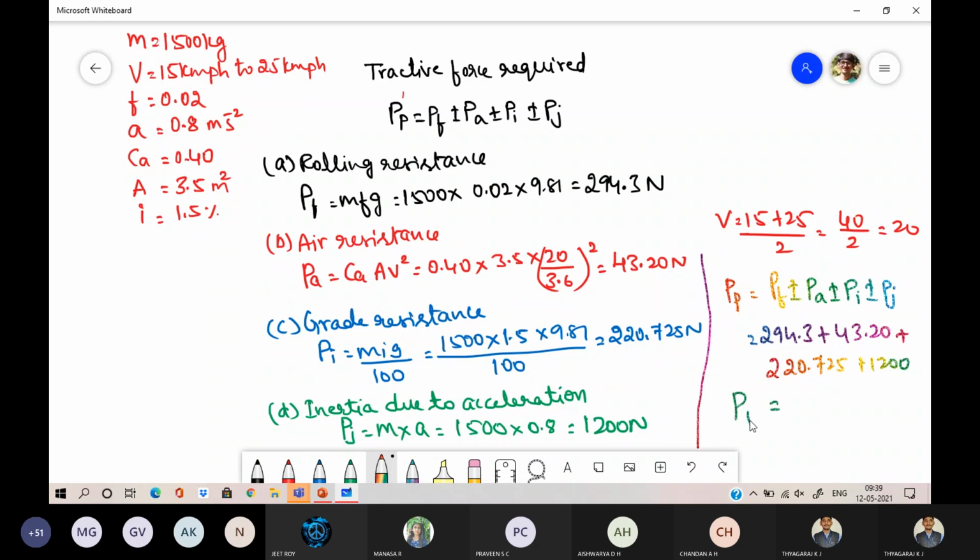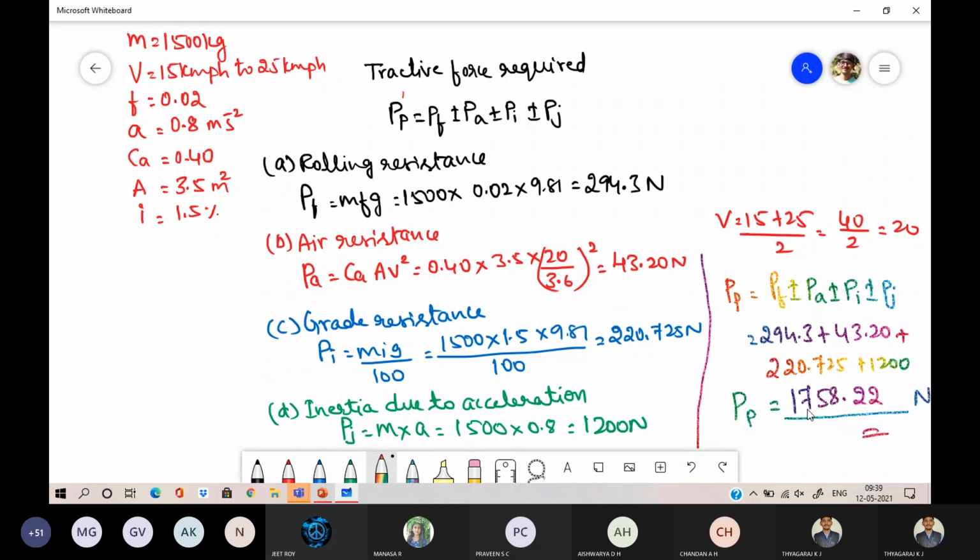Check how much you are going to get PP, which will be in terms of Newton. So 1758.225. 1758.22 Newton you are going to get.